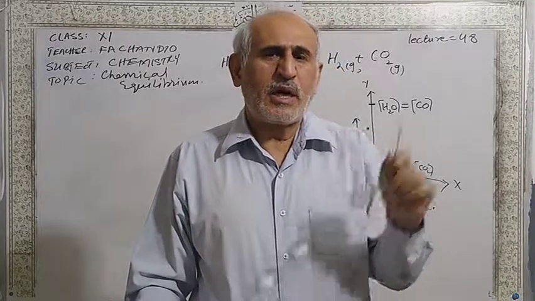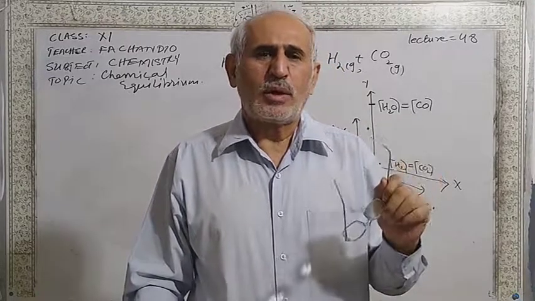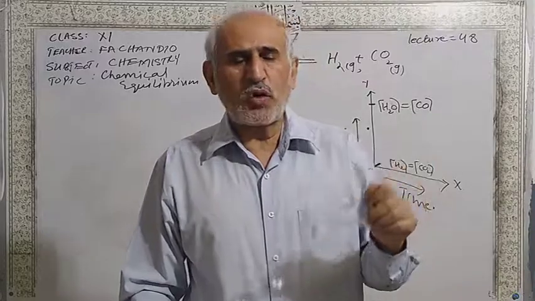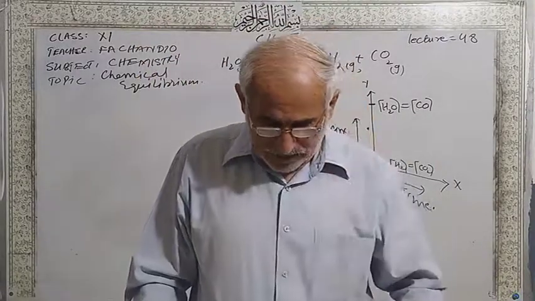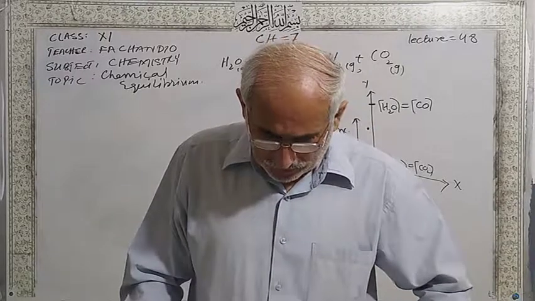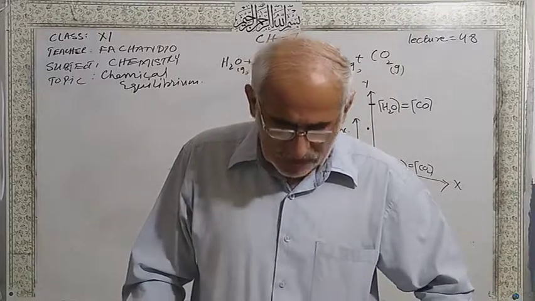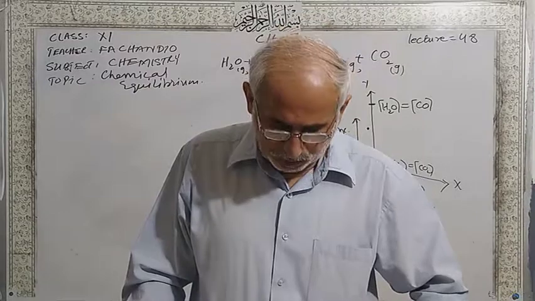Accumulation of the product being more, the frequency of collisions will be more and the chemical reaction goes in the reverse direction. Therefore, the reverse reaction proceeds with increasing speed.